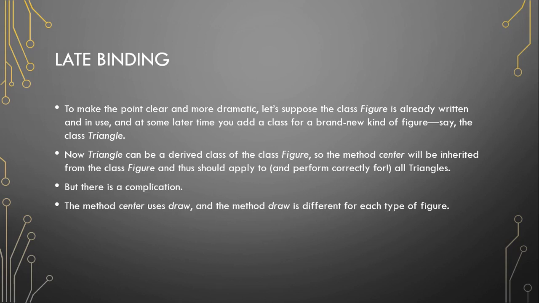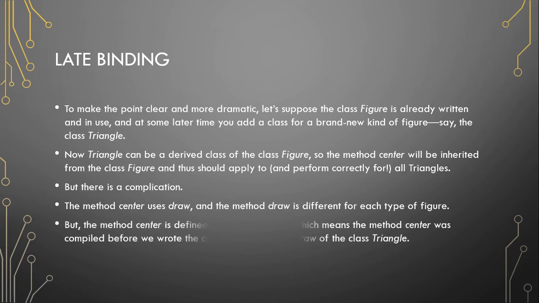The method center uses draw, and the method draw is different for each type of figure. If we recall, draw is defined within rectangle and within circle. But the method center was defined within the class figure. Remember, draw is in each individual shape, whereas center is in the parent class, which means that the method center was compiled before we wrote the code for the method draw in the class triangle.